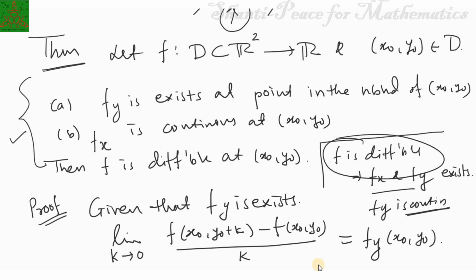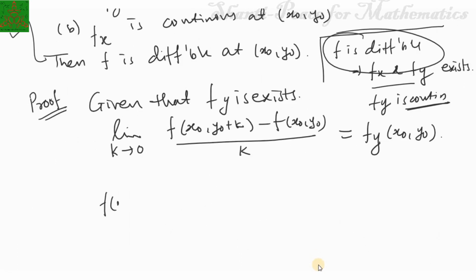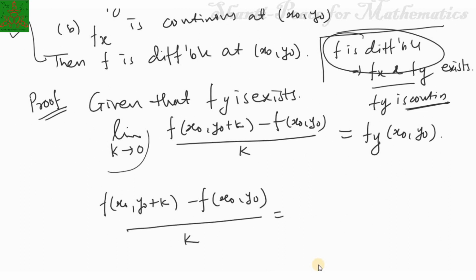Now if you write this in another manner, we can write f of (x0, y0 plus k) minus f of (x0, y0) upon k. I am not writing the limit now. If you remove this limit, there will be an error term added on this side.